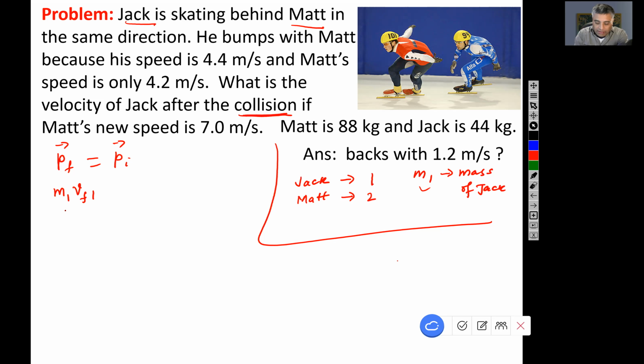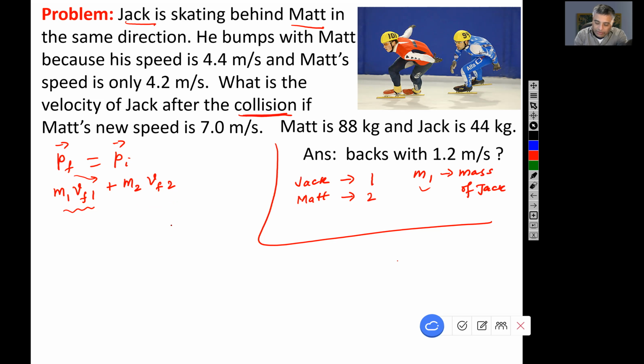That's the final momentum of portion 1. And I need to write the same thing for portion number 2. They are the same. The only difference is that one portion has subscript 1, the second portion subscript 2. That's the total final momentum.